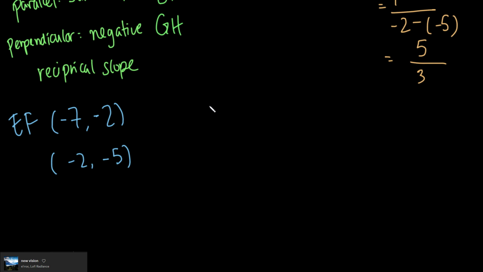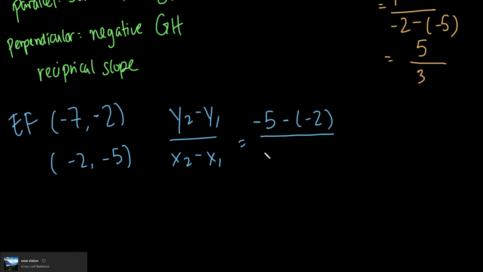Yeah. So now let's do our slope calculation. So y2 here is -5 minus -2 for our y1, over x2, which is -2, minus -7, which is our x1. This will equal -5 minus -2 is -3. -2 minus -7 here is +5.